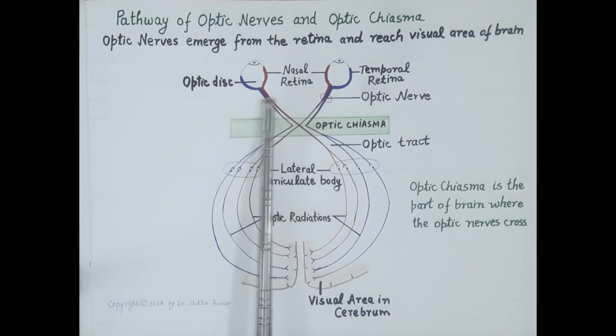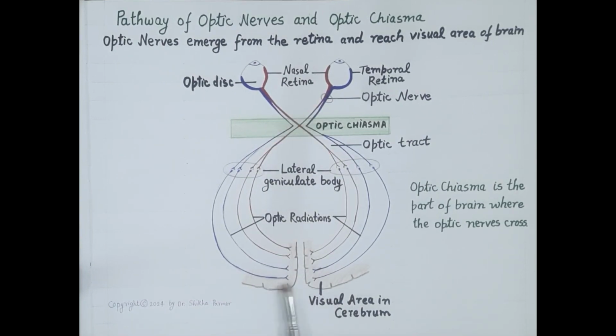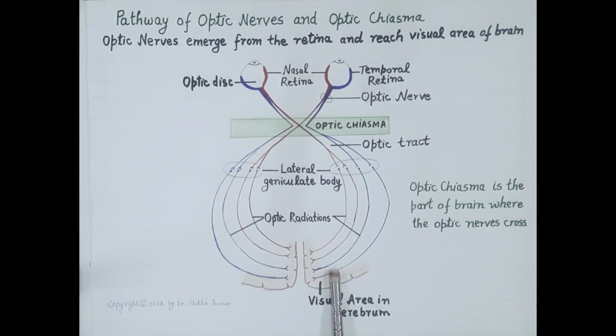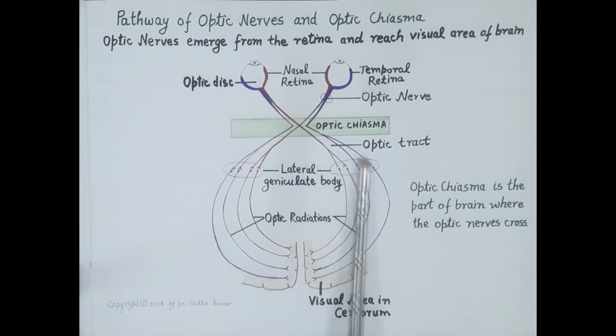In the cerebrum, images from both the eyes are integrated so that we see a single 3D image. This pathway of the optic nerve from the retina of the eye to the visual area of the cerebrum is known as the optic pathway.